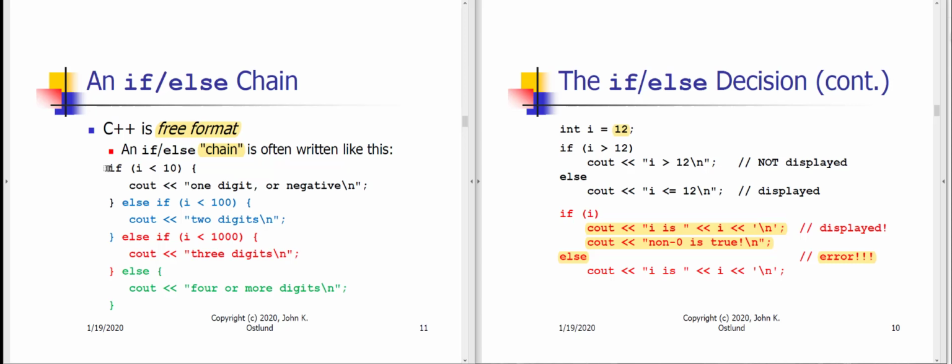We say if this test is true, then do this compound statement. Else, if this test is true, then do this compound statement. And notice that in each case, these compound statements only contain a single simple statement, but that's fine. Else, if this test is true, do this compound statement.